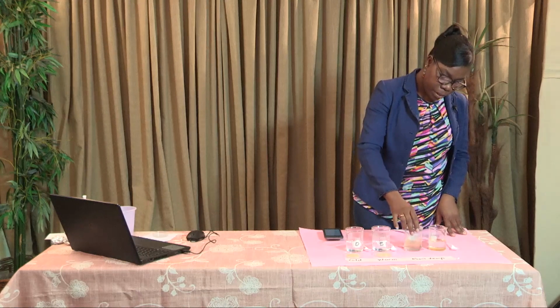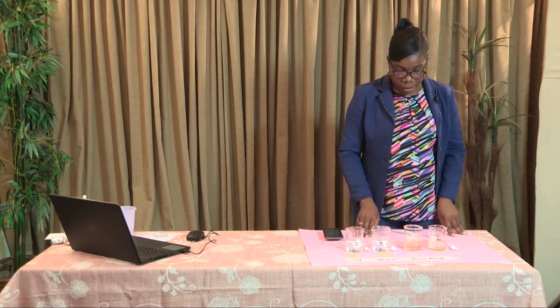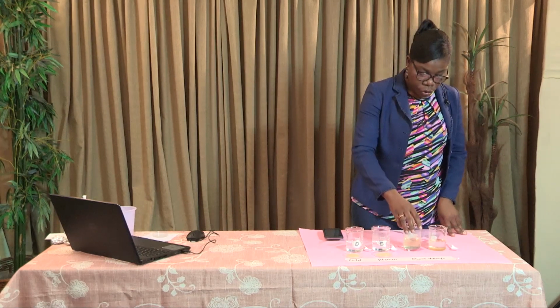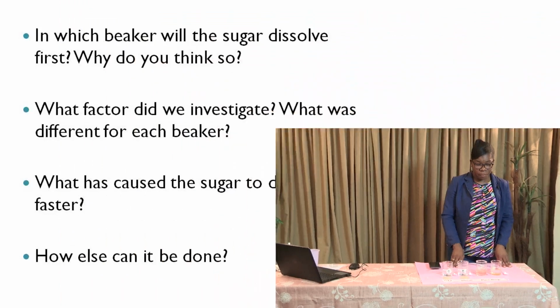A little discolored because of the brown sugar we use. Good? So the sugar would have dissolved in B, but not in A as yet.